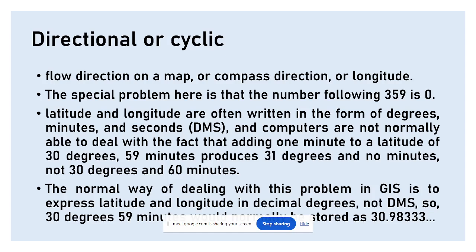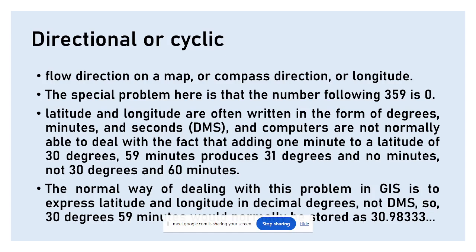In GIS software, we often write lat long in DMS form, that is degrees, minutes and seconds, but computers are not normally able to deal with the fact that adding 1 minute to a latitude of 30 degrees 59 minutes produces 31 degrees and 0 minutes, and not 30 degrees and 60 minutes.